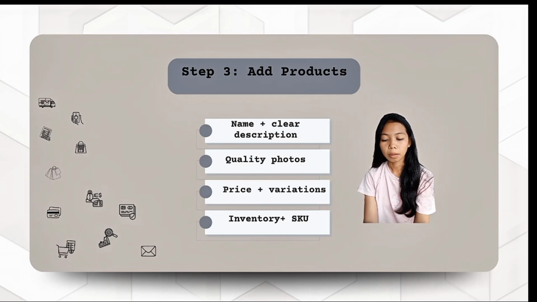Use high quality images because shoppers can't see the product in person. Include the price and any variation like size, color, or style. Lastly, set the inventory and SKU. This helps you track stock properly.